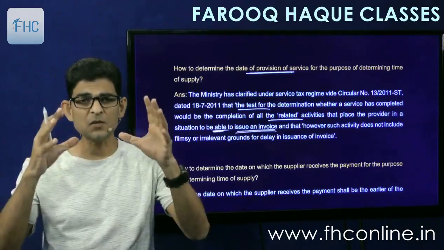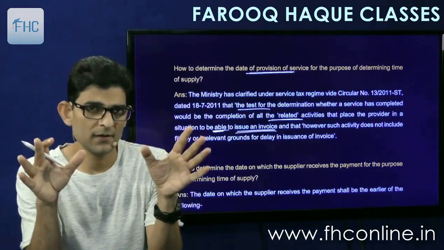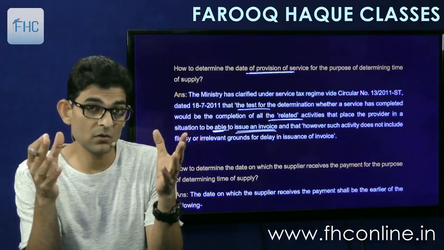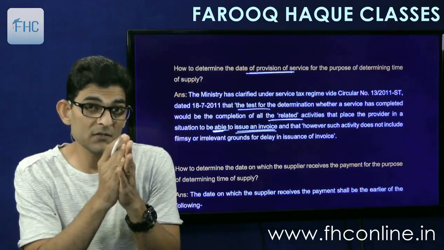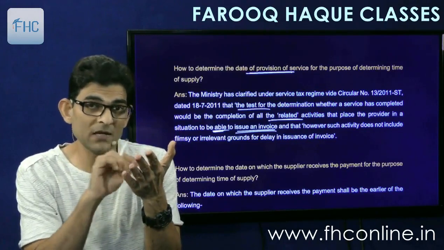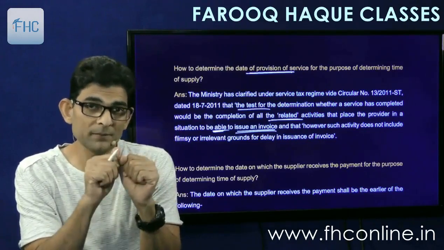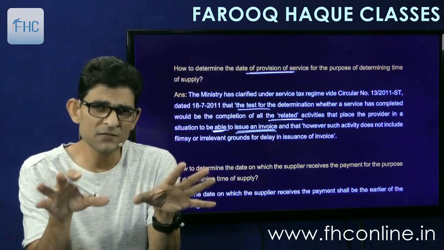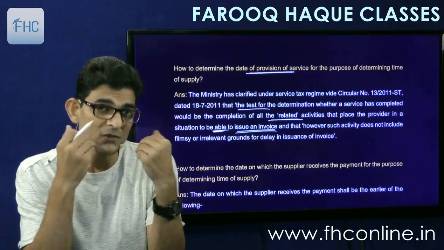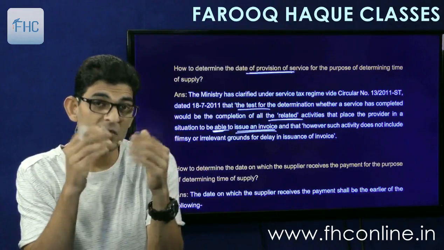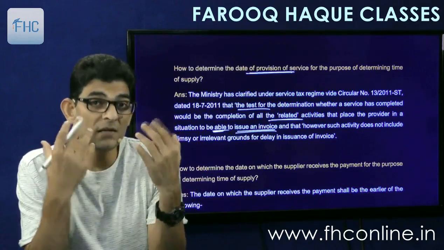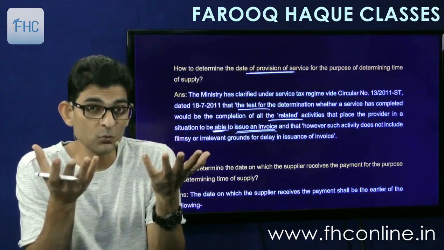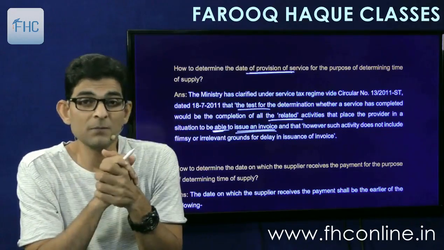It means when a substantial part of the service is done, which affects the value of the service. So now I can make an invoice that this is the amount that you have to pay. Some small activity here and there may remain, but that's fine. So when a substantial part of the service is rendered, which enables us to raise an invoice to find out the value, that is called completion of service.